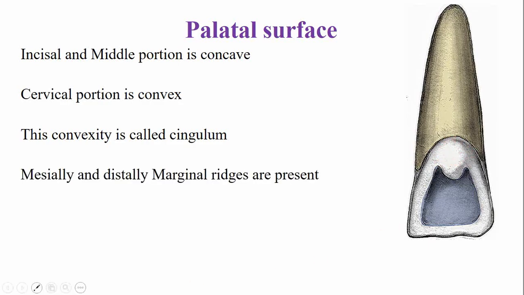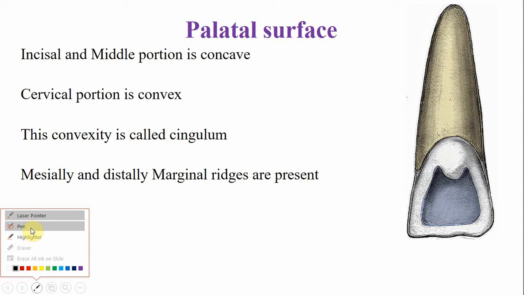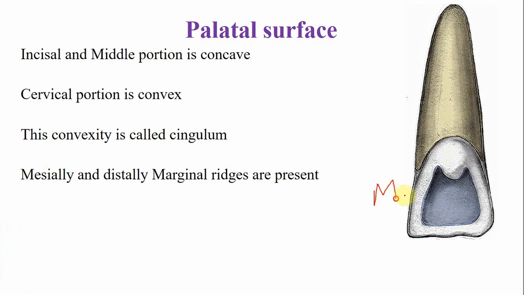Now this is the mesial surface, and this is the distal surface. You can see this is a sharp angle, the mesio-incisal angle, and it is sharp. This is the disto-incisal angle, and it is more rounded. This is the distal surface.